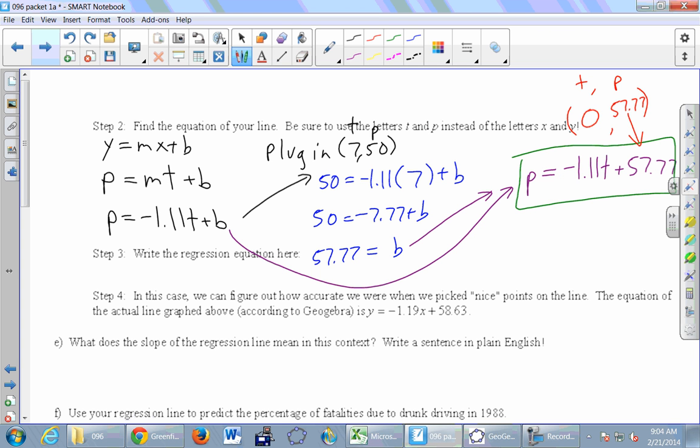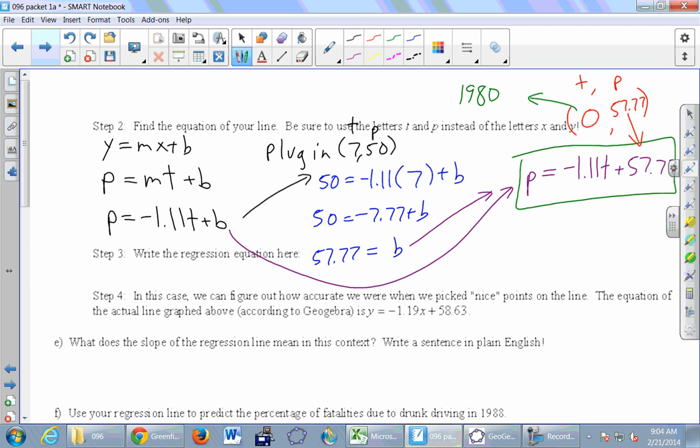It's the value of p when the other variable is 0. But 0 corresponded to what year? 1980. So then we can write a really clean sentence. In 1980, the percentage of car-related fatalities that actually had to do with alcohol was about 57.7%.